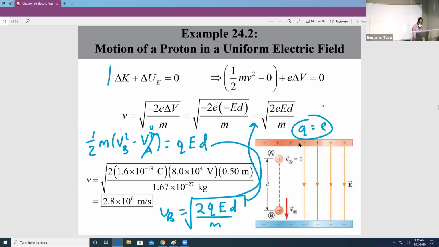So this is the same problem here. We're just saying that the potential energy gets converted into kinetic energy, but you can write that down in this simple form.